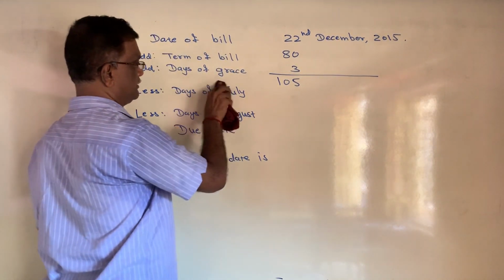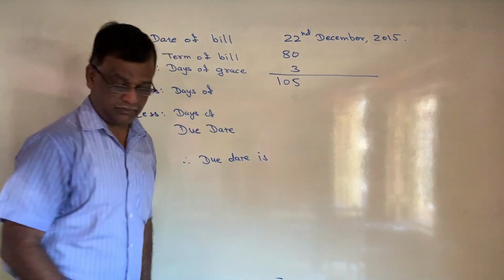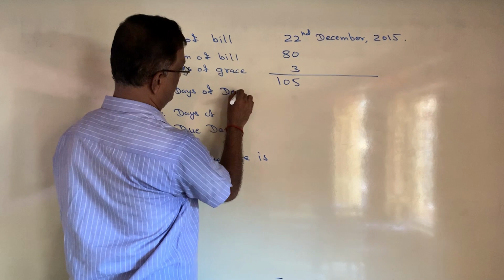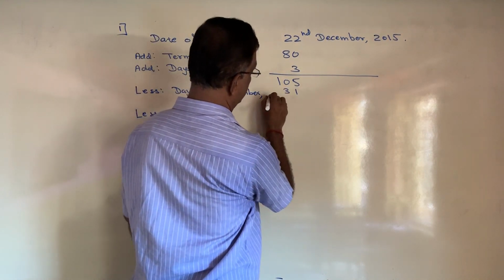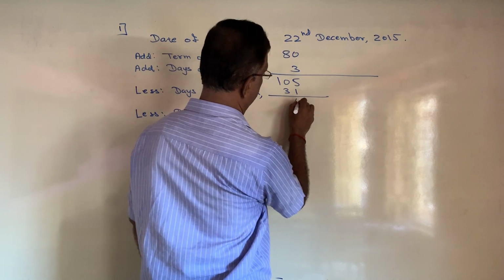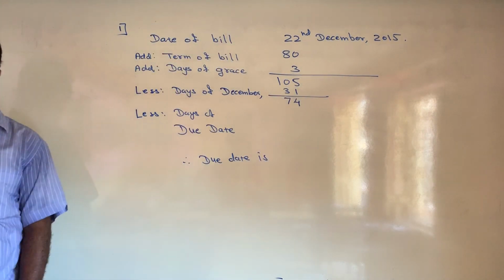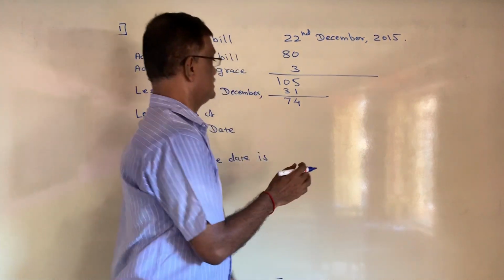So this is the method of finding out due dates when the term of the bill is given in the form of days. So days of December, 31. Let's go. 74 left. From this 74 you deduct the next month. After December comes January.